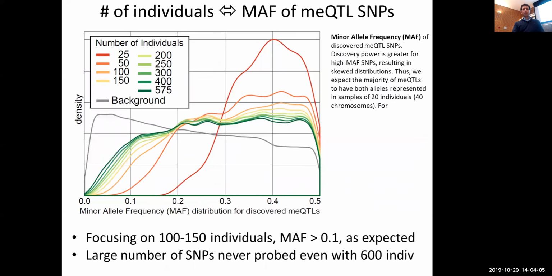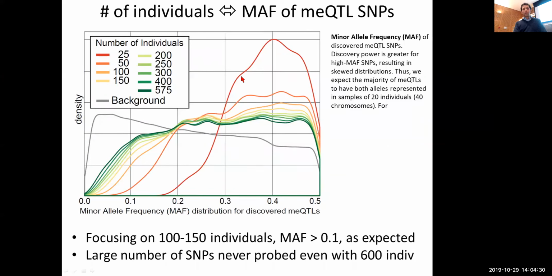Okay. The other question, of course, is what is the ascertainment bias in the allele frequencies? Because with few individuals, I'm only able to look at very high allele frequencies. If I only have 25 individuals, I'm never going to discover a methyl QTL whose minor allele frequency is less than 1 in 25, because that means I will only have one person there.